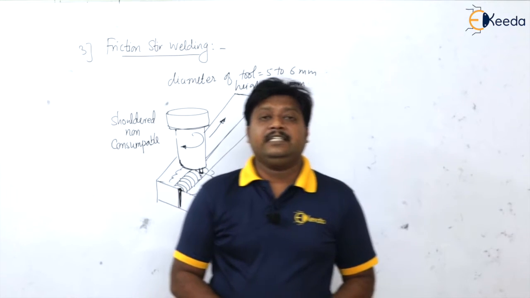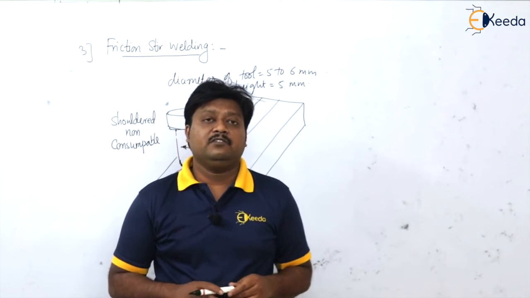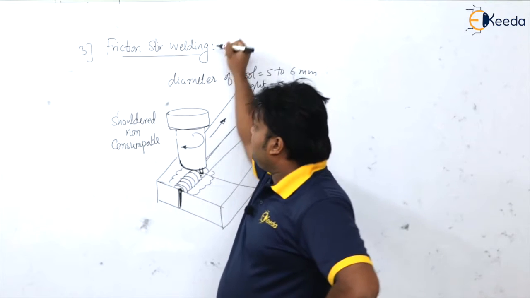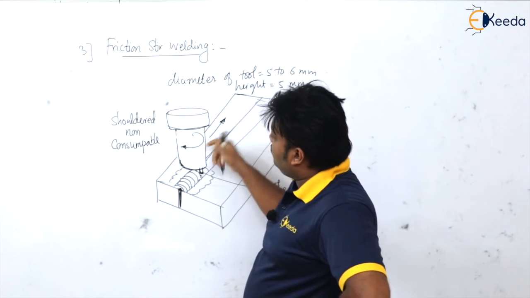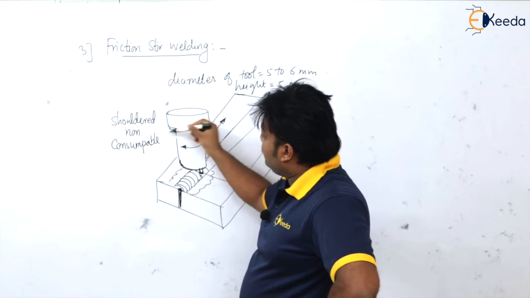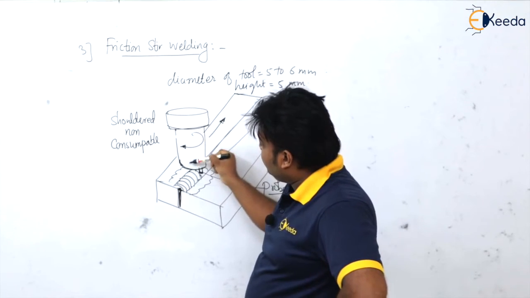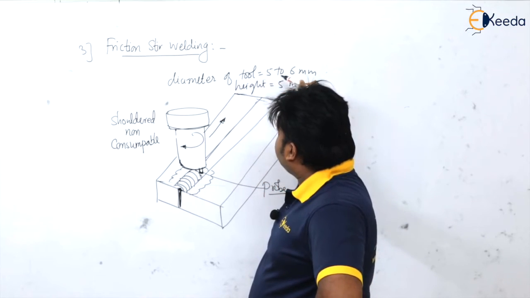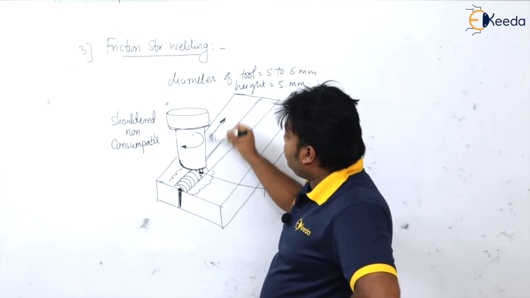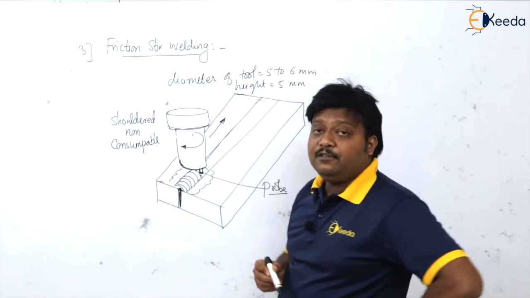Now the next welding technique we are going to see under solid state welding is friction stir welding. Here we have a non-consumable shouldered tool, with a diameter of up to 5 to 6 millimeter and a height of up to 5 millimeter.